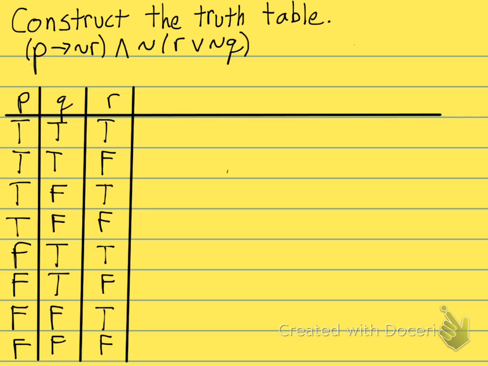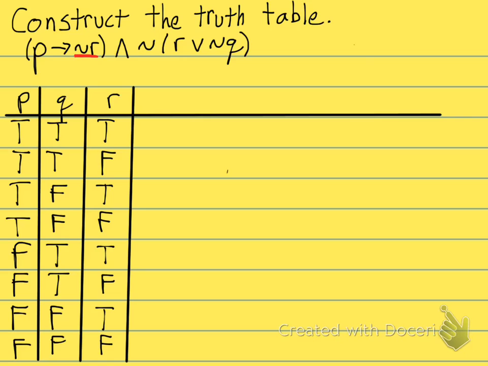So as I look at this piece right here, to do that, I'm going to need to know what negation of R is. So the very first thing I'm going to do is negation of R. So we'll underline that part.